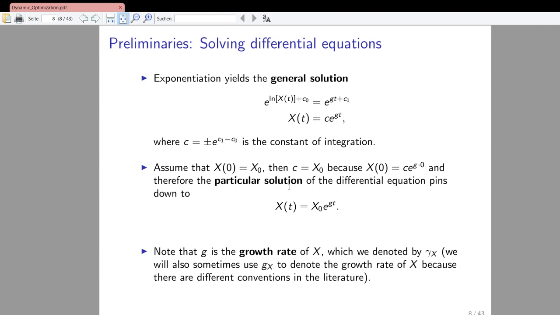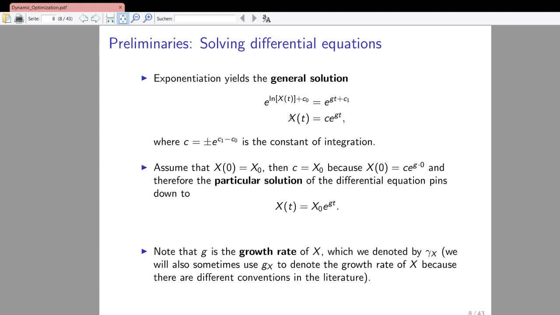And then we plug this into this expression here for the time point being 0. So we plug in t equals 0 for time, and we plug in x0 for x(t), and then we solve this equation for the integration constant. And in this particular case, for this particular initial level of x, we obtain that the integration constant is x0.